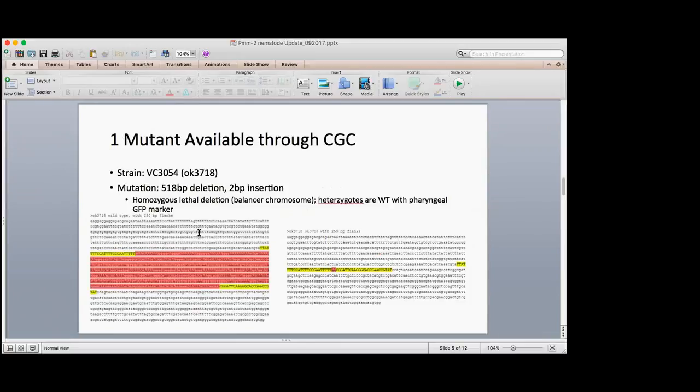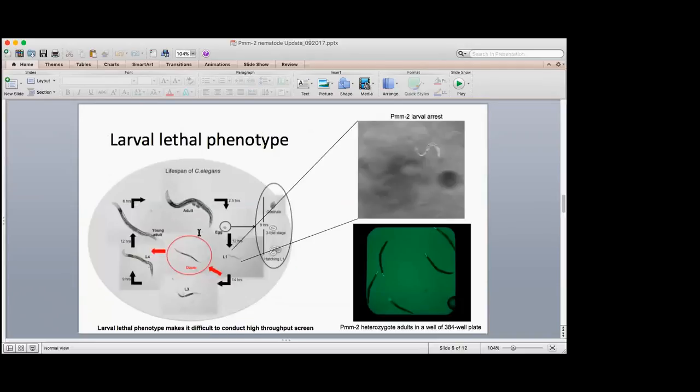So again, this is the actual sequence of the nature of this mutation. So one of the mutants that we were able to get through the C. elegans Genome Center, or essentially their stock center, had this large 500 base pair deletion. And so that was one mutant we were able to look at. And unfortunately, this allele is simply too strong.